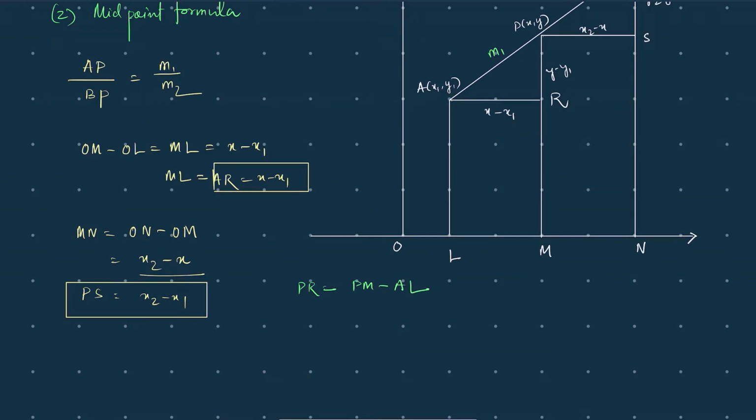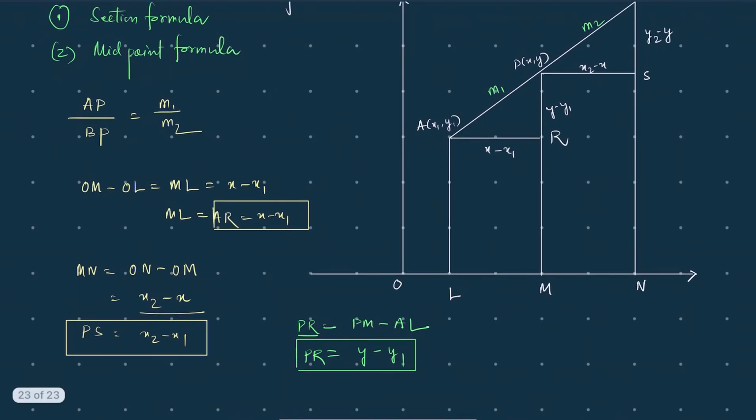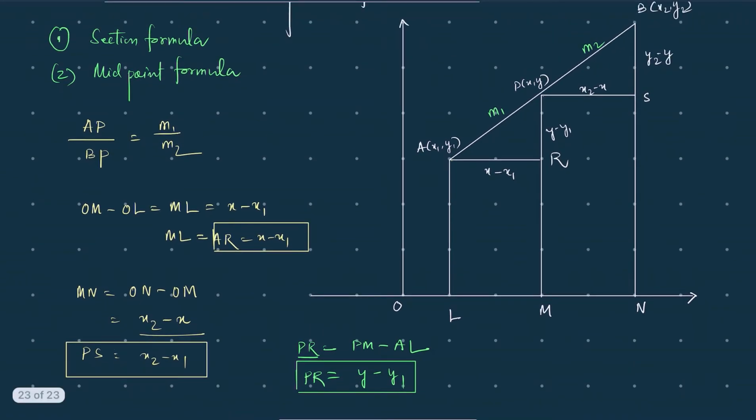You can see this is equal to PM minus AL. PM is exactly y minus y1. So PR is nothing but y minus y1.